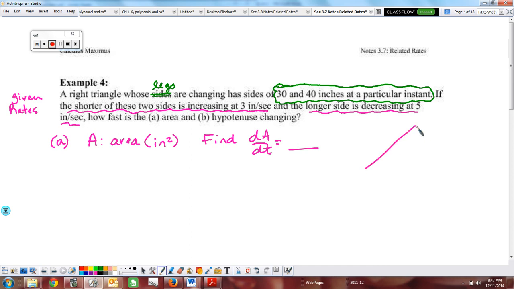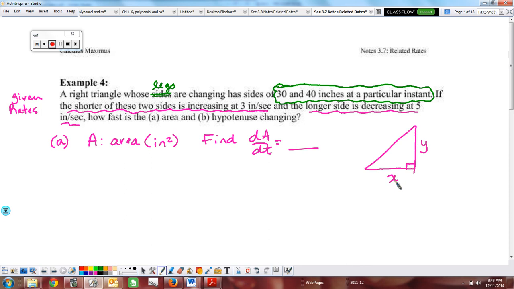I am not going to put in an actual 30 and 40 here. Do not put the when onto your diagram. You want these to be variables, and it doesn't matter what you use. If you want to use x and y, just identify it as x and y. These are changing over time.